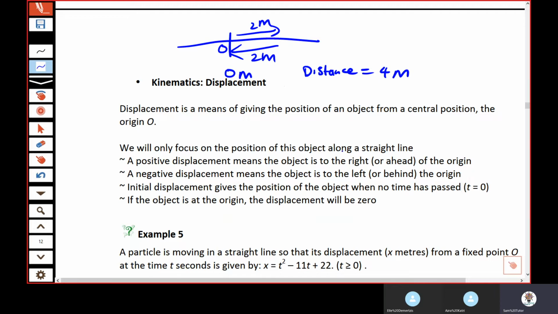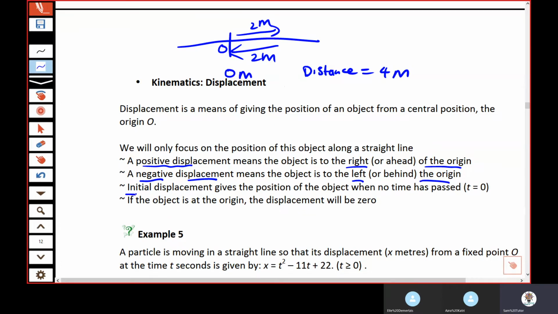A few important things to understand. We'll only focus on the position of this object along a straight line. So a positive displacement means the object is to the right of the origin. Keep that in mind. If you get a positive x, that means it's to the right of the origin. If you've got a negative displacement, it means it is to the left of the origin.